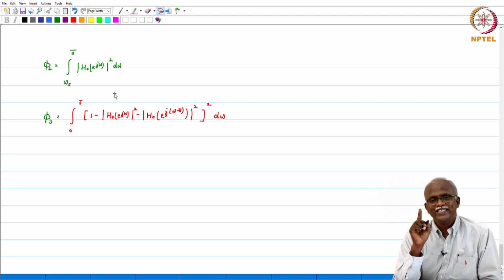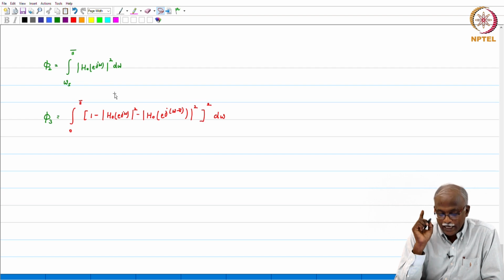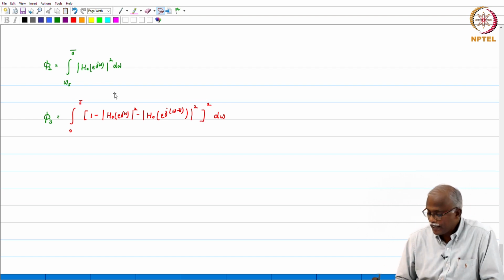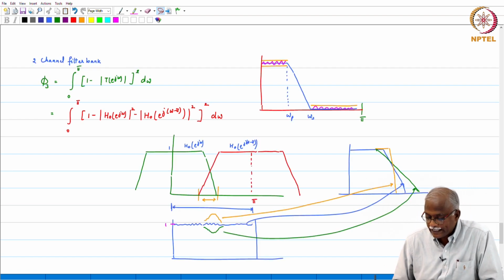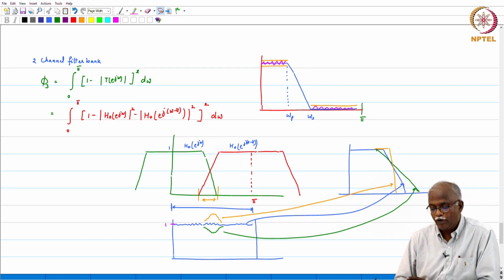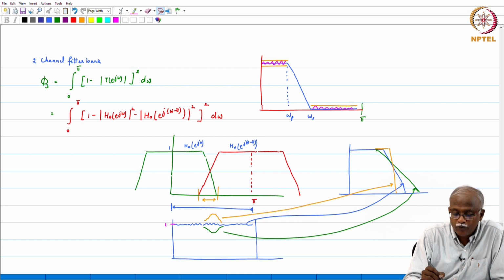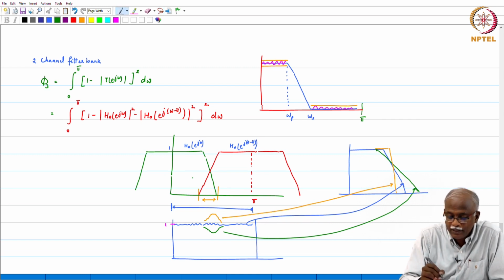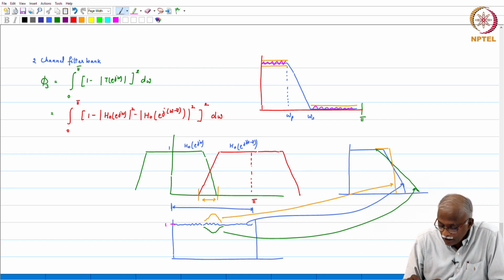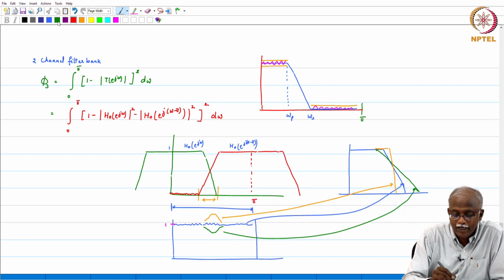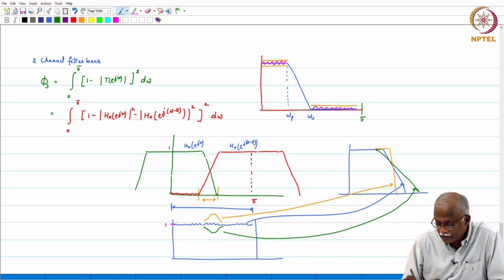Now the question is, do we still need the passband constraint? It turns out that the passband constraint is not needed anymore for the following reason. If you visualize the ripple here, the ripple is of this form. This ripple is nothing but the stopband ripple of the original filter.